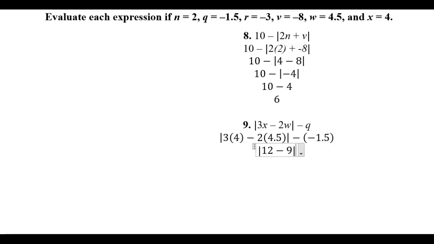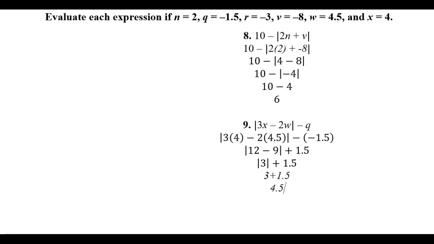Close our absolute value. A minus turns to a positive because that's also multiplication. It's really like negative 1 times negative 1.5, so we're going to add 1.5. And then the absolute value of 12 minus 9 gives the absolute value of 3, plus 1.5. The absolute value of 3 is 3, plus 1.5, and you get 4.5.